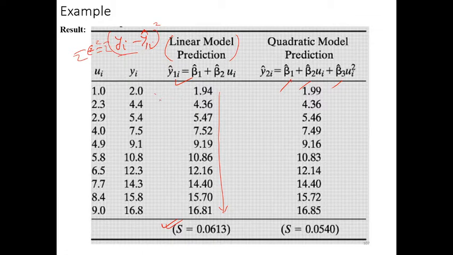So 2 minus this, minus this, and so on, you add them, after squaring the error. So you will get such a sum of squared errors, SSE.